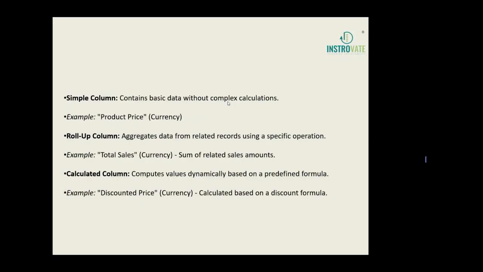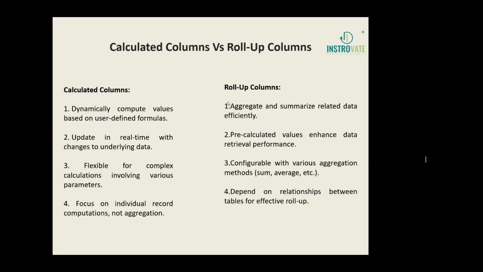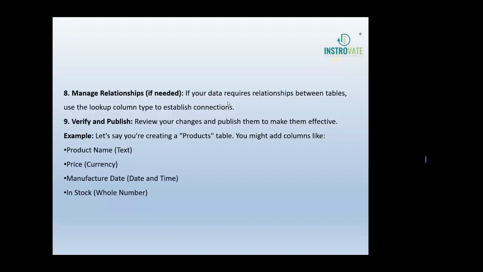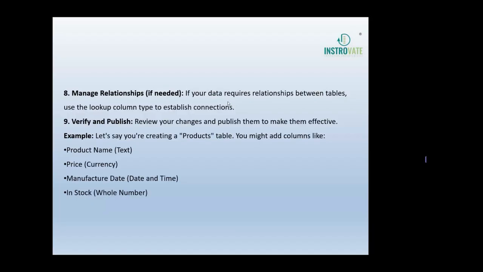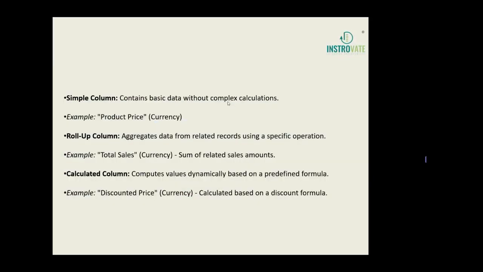Okay, now let's move forward and see the calculated column versus the roll-up column, the difference between both. Let's see a definition of the roll-up column first. Roll-up columns aggregate data from related records using a specified operation.